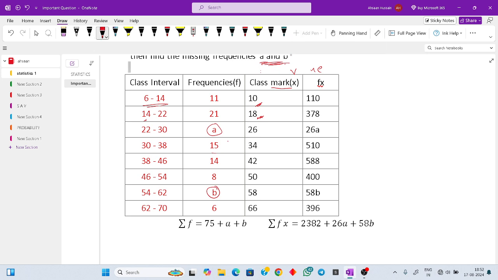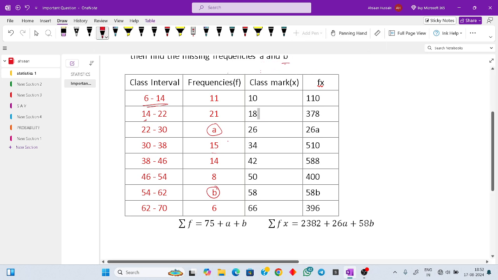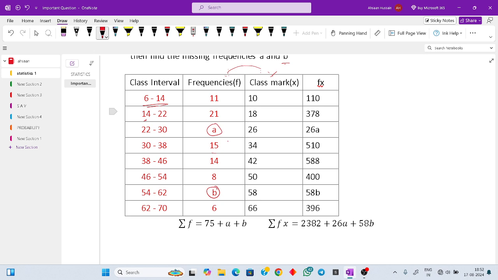Okay. So after finding height, we'll multiply the frequency with class mark, that is f into x, so fx. So 11 multiply 10 is 110, 21 multiply 18 is 378, a multiply 26 is 26a, 15 multiply 34 is 510, 14 multiply 42 is 588, 8 multiply 50 is 400, b multiply 58 is 58b, and 6 multiply 66 is 396.